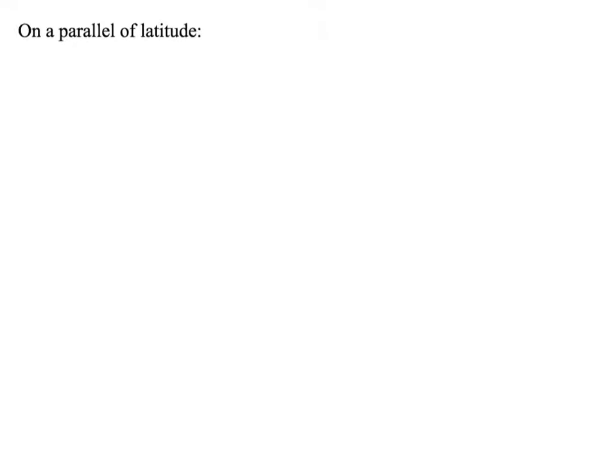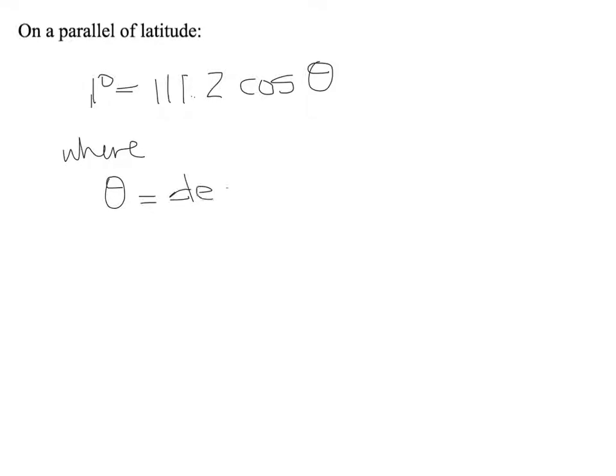So this means basically that on a parallel of latitude or a small circle, 1 degree is equal to 111.2 multiplied by cosine of theta, where theta is equal to the degree of latitude. It's actually one T.